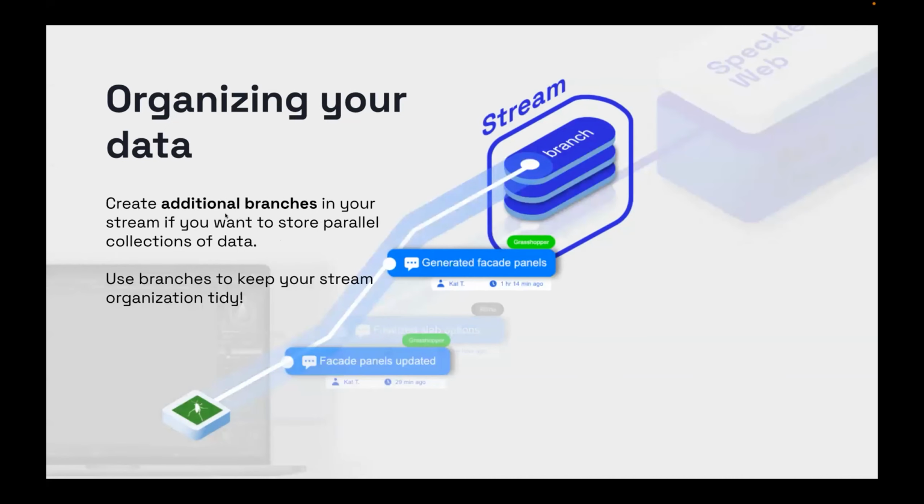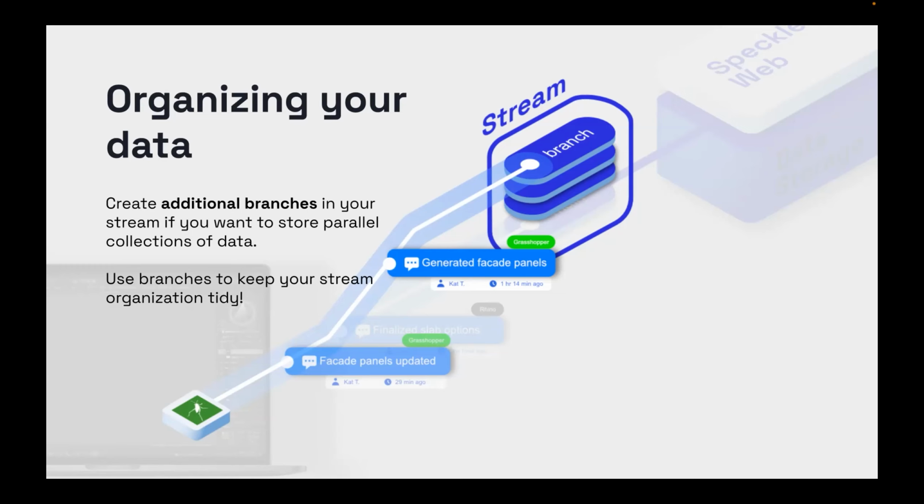And you can always create additional branches, which are not specifically the same as Git branches. There are technological differences in the background. But in the design space, you can understand them as different design options or different alternatives that you want to evaluate.